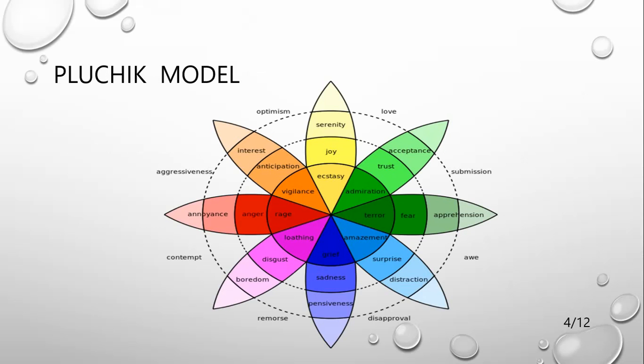The emotions are joy, trust, fear, surprise, sadness, disgust, anger, and anticipation. In this encoding, each emotion has a degree of intensity that is depicted by radial directions. Also, the similarity degree between emotions is expressed by angular directions.